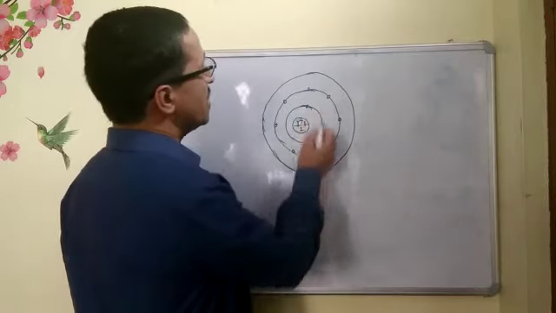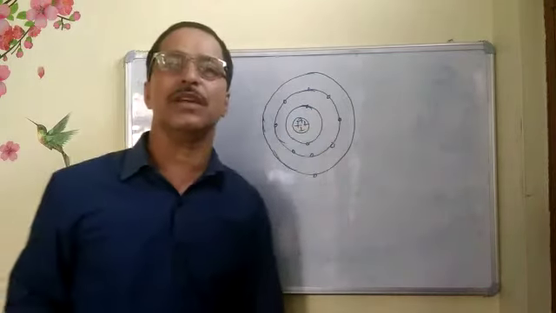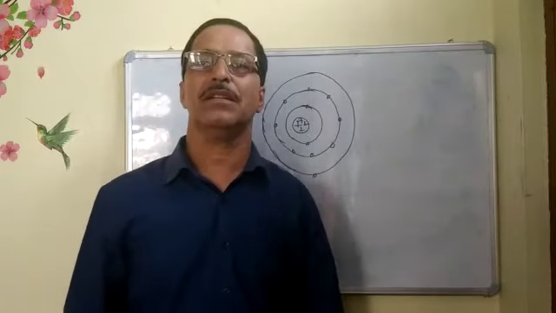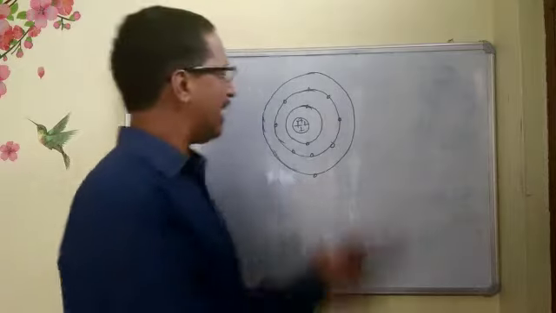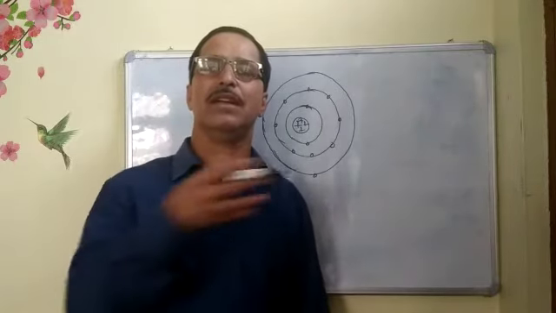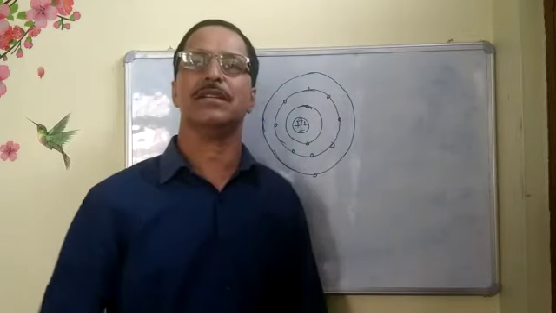The electrons which are close to the nucleus experience a strong force of attraction from the nucleus, and as we proceed away, the force of attraction between the electrons and the protons starts decreasing.